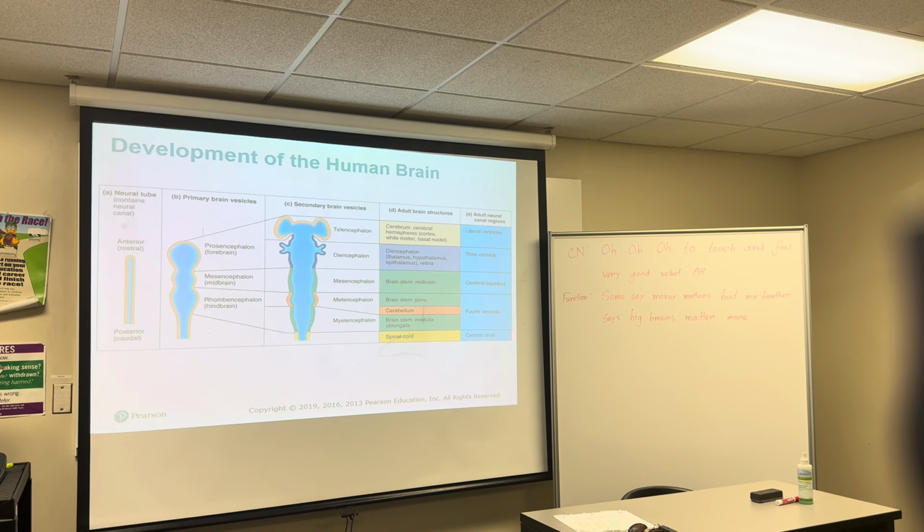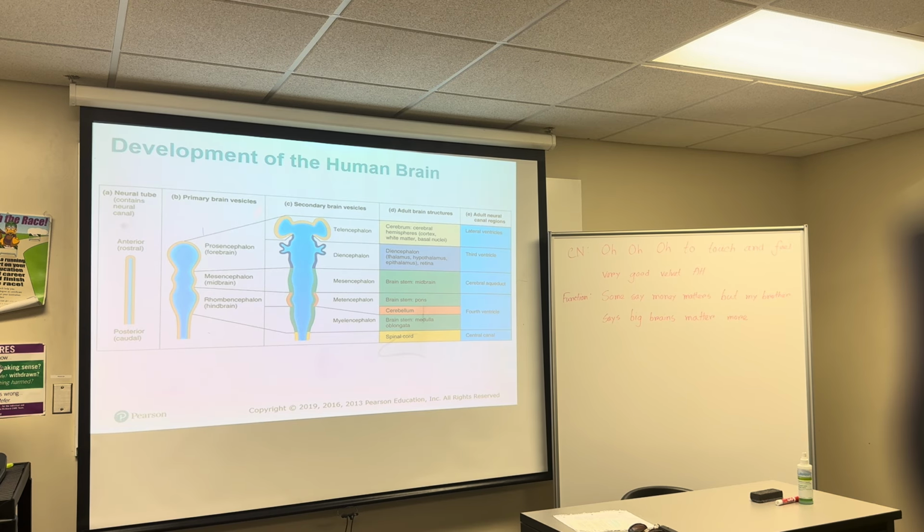Before that, during embryonic development, we had the primary brain vesicles. The first one was prosencephalon, which will give rise to the lateral ventricles and the third ventricle. The mesencephalon will give rise to the cerebral aqueduct, and the rhombencephalon, the fourth ventricle and the central canal.